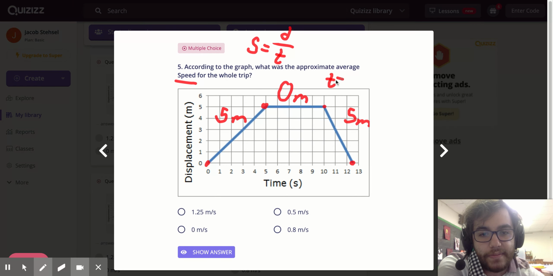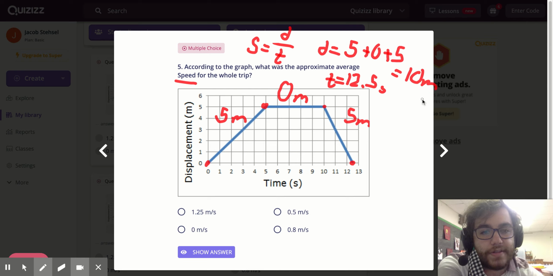Time is easy. To get the total distance, all we gotta do is add up all these different distances that we traveled. So 5 plus 0 plus 5 gives us an answer of 10 meters for distance. Once we get that, all we gotta do is plug it in.